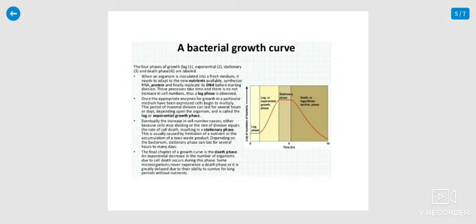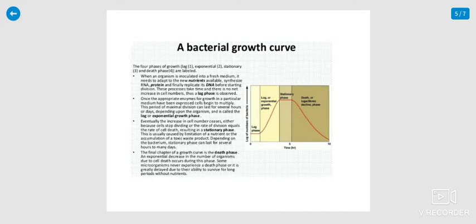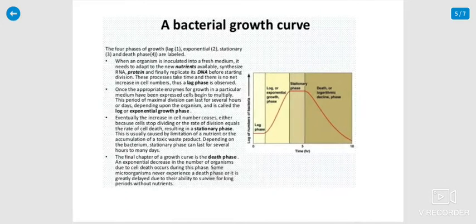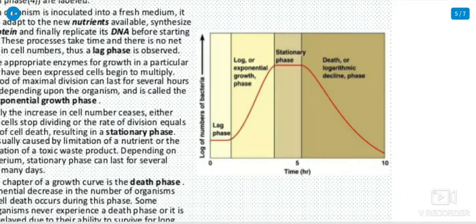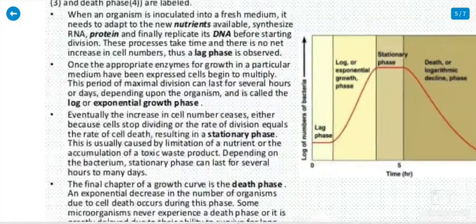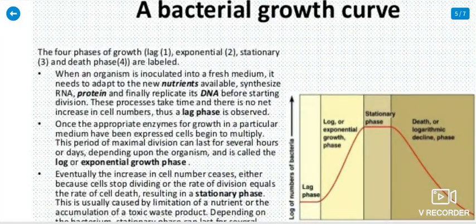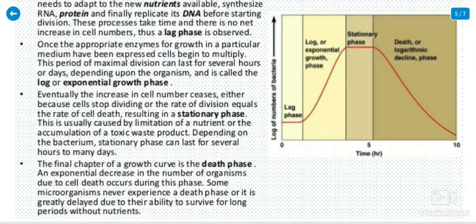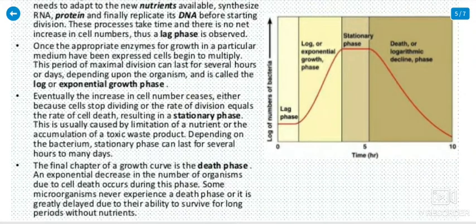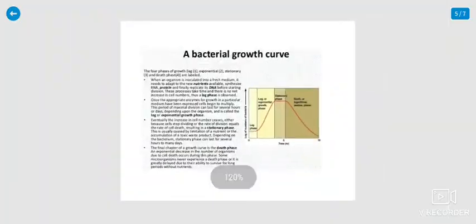The bacterial growth curve has four phases of growth: lag, exponential, stationary, and death phase. These are the stages, and I dictate the notes also in these pages. You can collect further notes from the pages and slides.